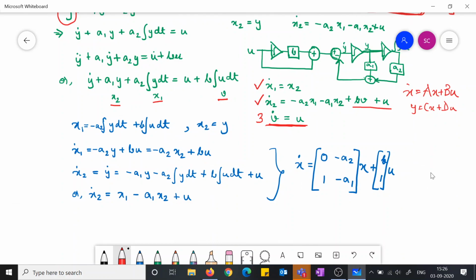So from here what you need to understand is that the states that we are choosing are rather some virtual constructs. However, their number remains same for minimal expressions, for minimal representations. Their number is always equal to the order of the system.